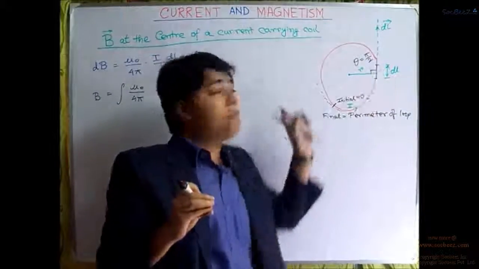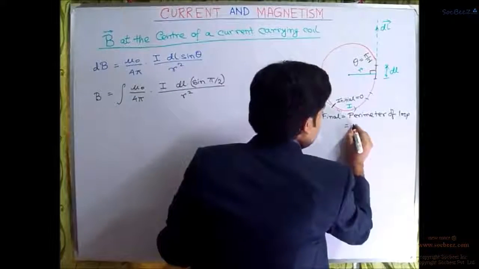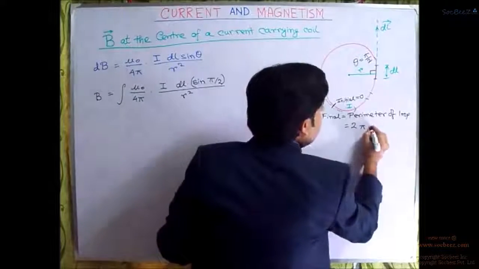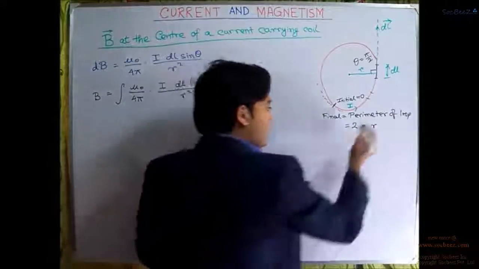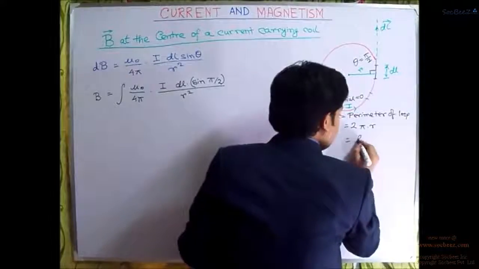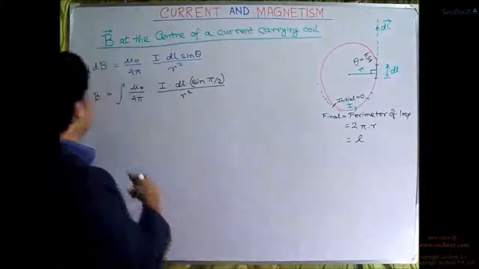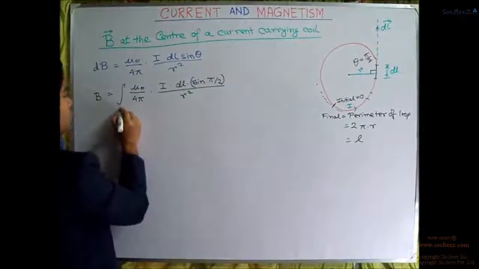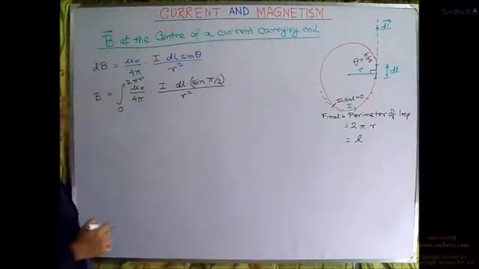Now this loop is in the form of a circle, right? And if this loop is in the form of a circle, then the perimeter of the loop will be equal to 2 pi multiplied by r, or this same thing is equal to L, the length of this loop. So we have to integrate it from 0 to 2 pi r, right?